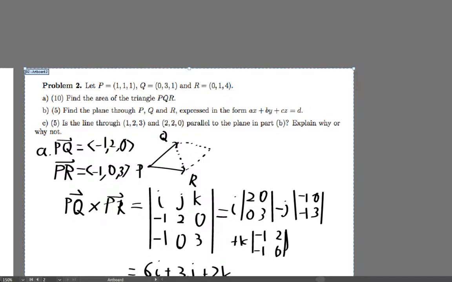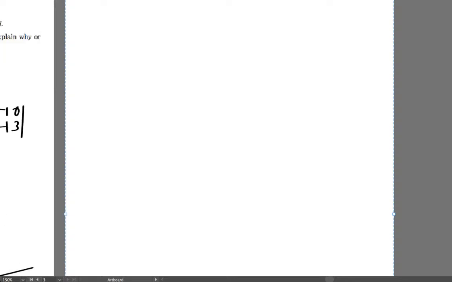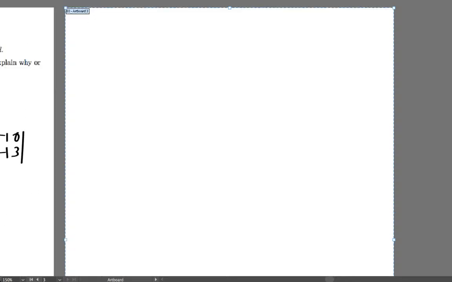So let's start with the third artboard. By the way, the question is only 1 page, but the answer is 5 pages, I assume. There we go.